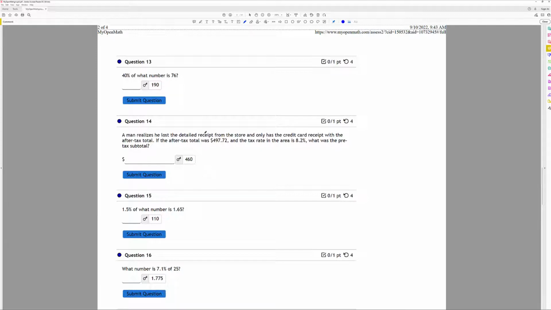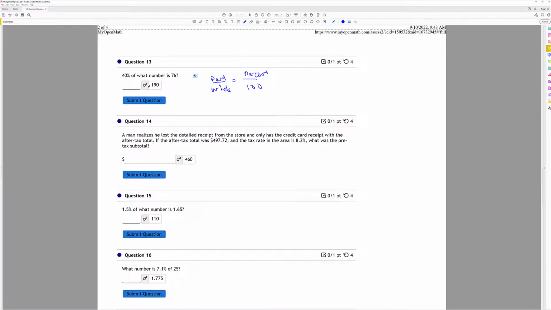So with this one here, 40% of what number is 76? What comes after of is the whole, and that's our part, and that's our percent over 100.